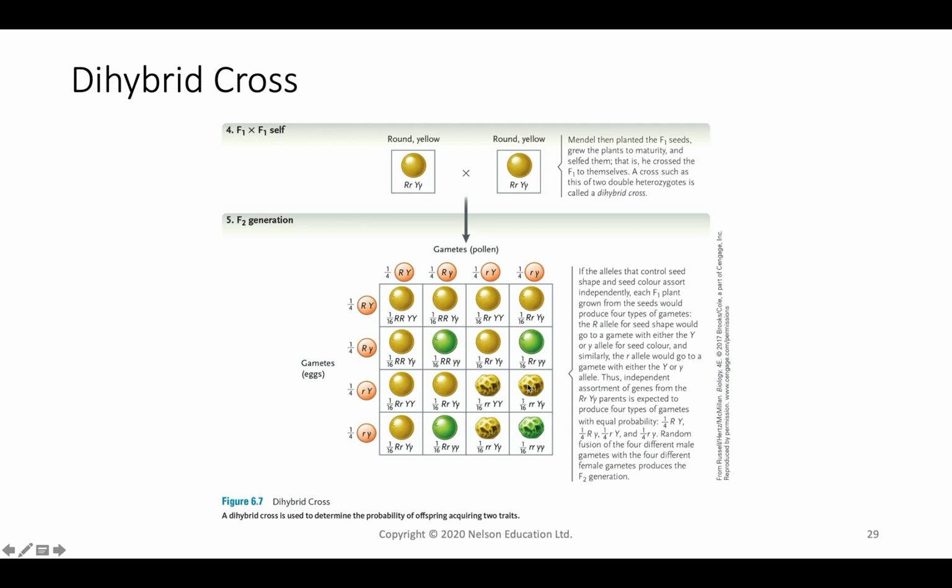But what I want to point out here is that the ratio of the way these are going to show up is going to be 9 to 3 to 3 to 1. 9 of them are going to have both dominant phenotypes, in this case round and yellow. 3 of them are going to have one dominant phenotype, in this case round, and one recessive phenotype, green, because green is going to be the recessive phenotype.